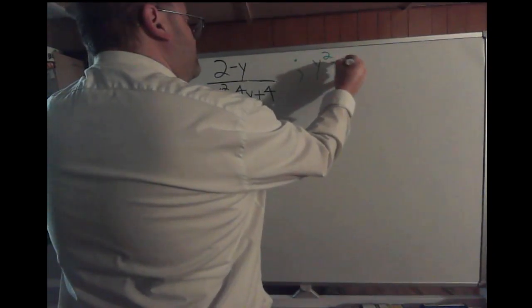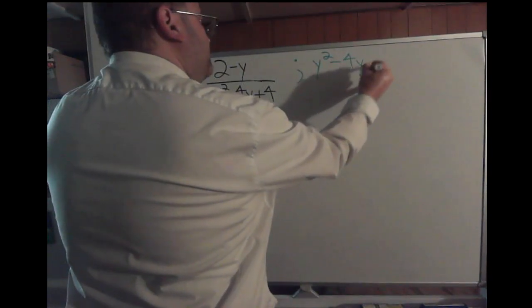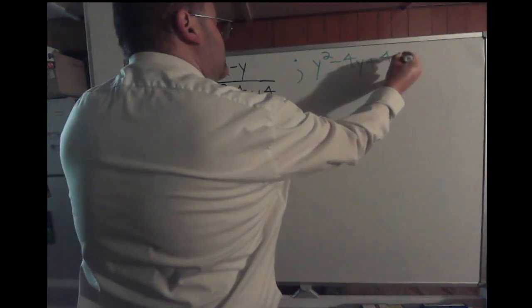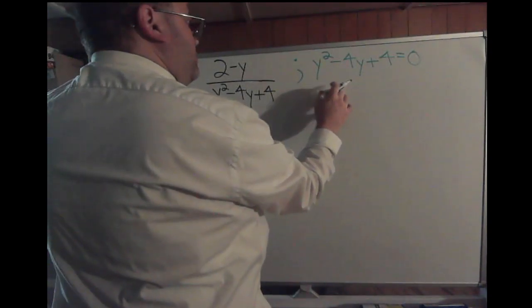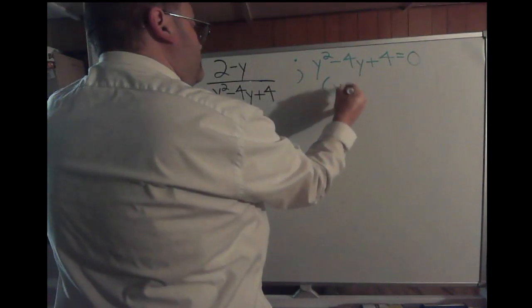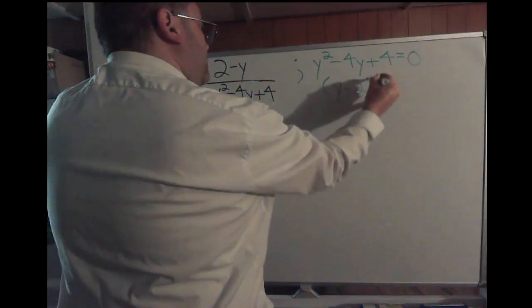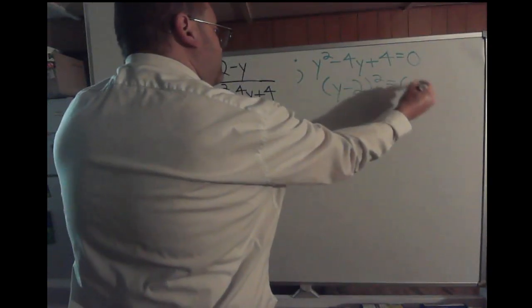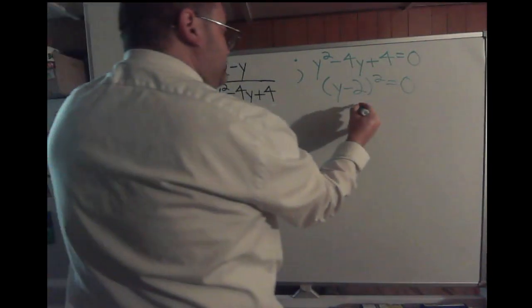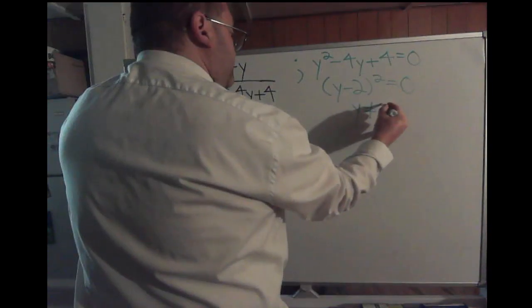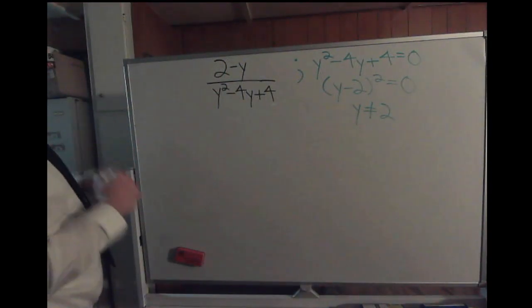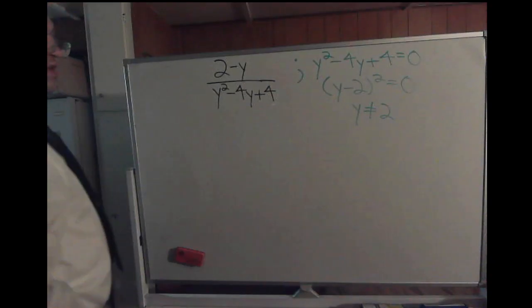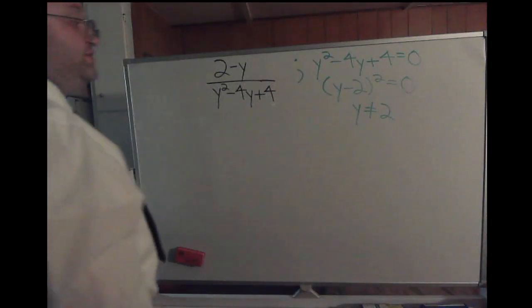You get y squared minus 4y plus 4 equals 0. That's the same as y minus 2, that quantity to the second power, equal to 0, which just means y cannot equal 2. If y equals 2, you get a denominator of 0, therefore rendering the expression undefined.